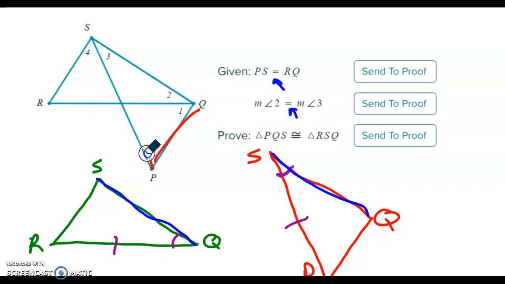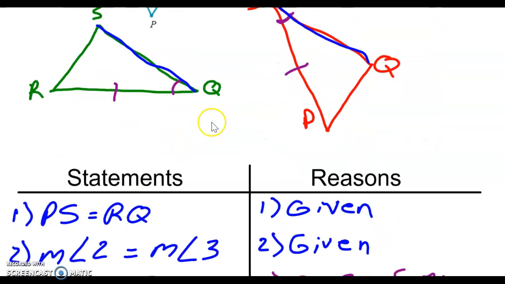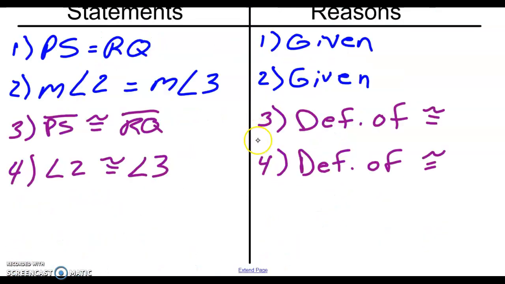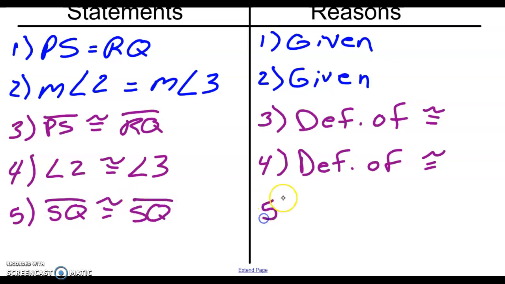And when you name something congruent to itself because it's within both shapes, that is the reflexive property. So we're going to be able to say that SQ is congruent to SQ because of the reflexive property, saying that something is congruent to itself.